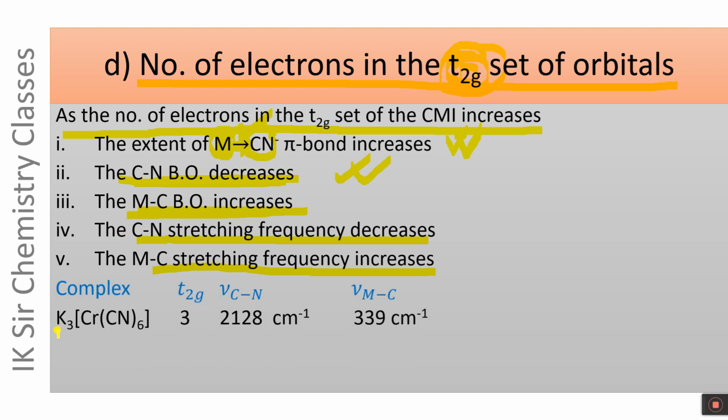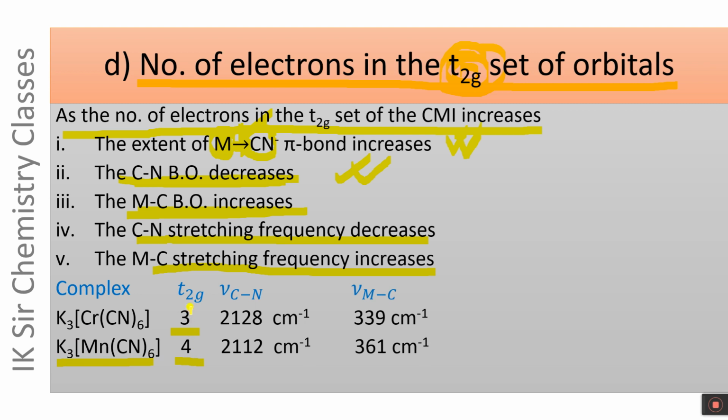The complex K3[Cr(CN)6] has 3 electrons in the t2g set of orbitals of the CMI, that is Cr triple plus, while in the complex compound K3[Mn(CN)6], the Mn triple plus ion contains 4 electrons in the t2g set of orbitals.